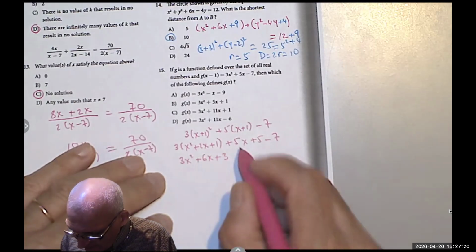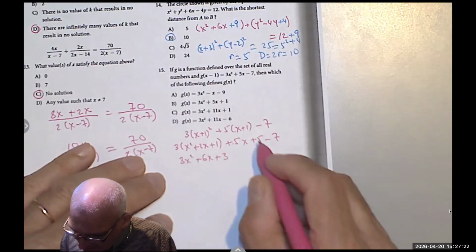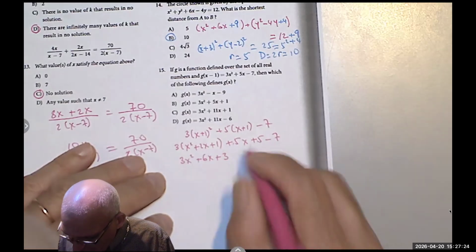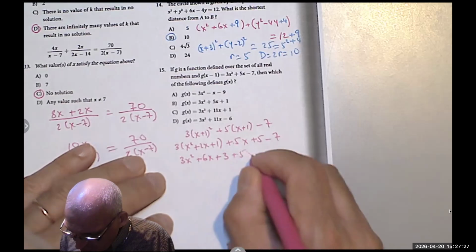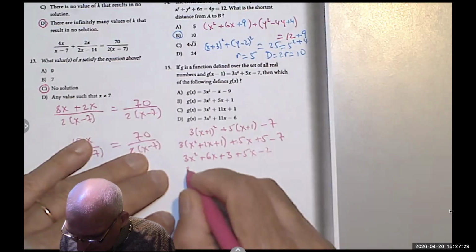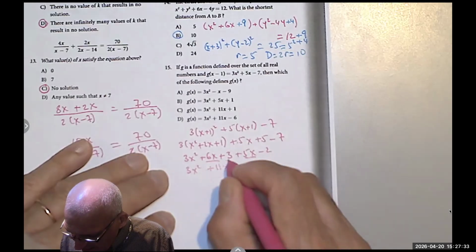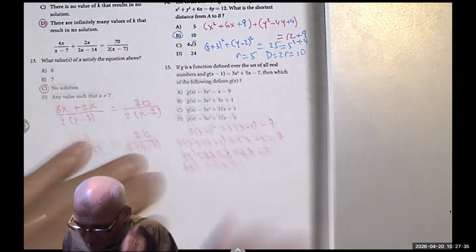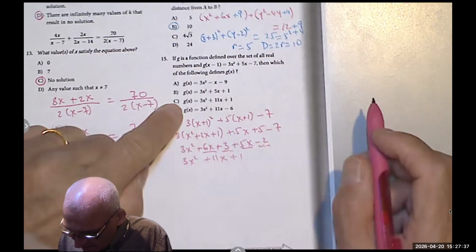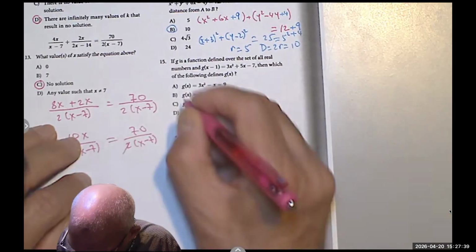And then I have 5 plus 5 is 10 minus 7. Oh, I'm sorry, this is 5x minus 2, right? So eventually I get 3x squared. You add these two, you get 11x. And 3 minus 2 is 1, positive 1, which is C. Yeah, C.